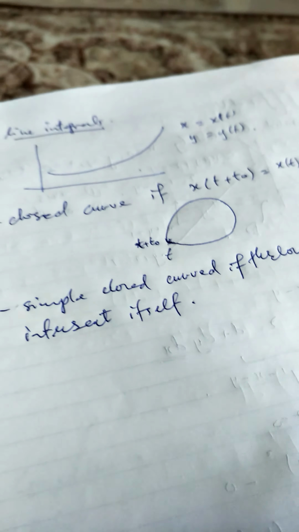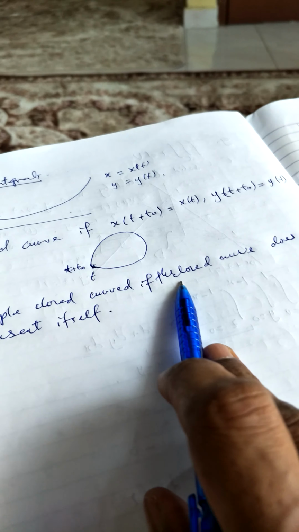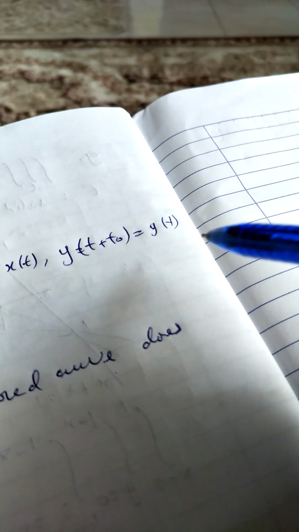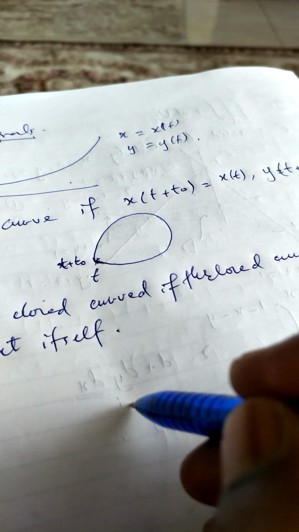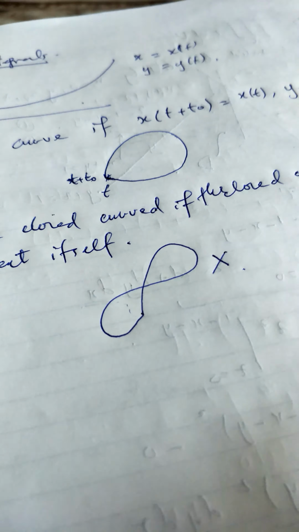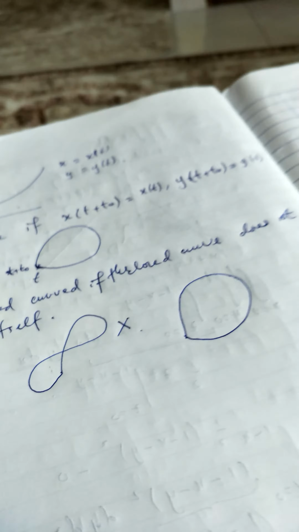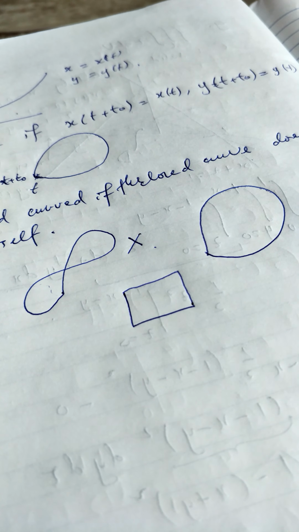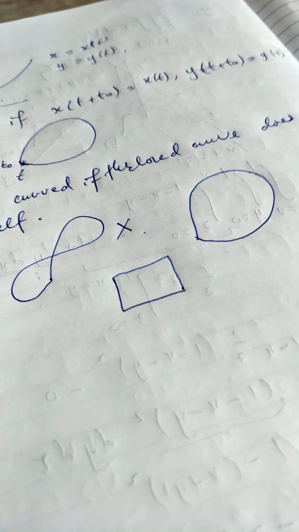For example, if you have a curve like this, it is not a simple closed curve. A simple closed curve is something like that. This is a simple closed curve. Anything that does not intersect, we call a simple closed curve.